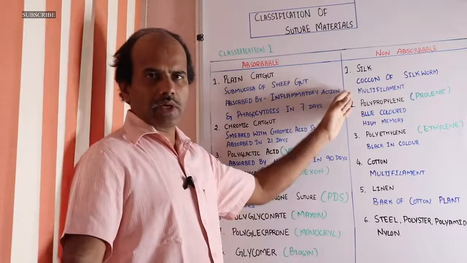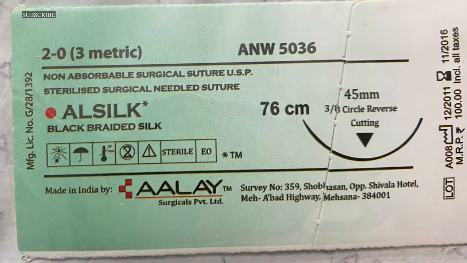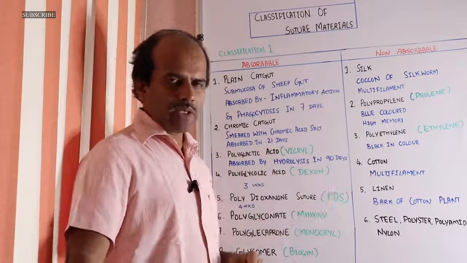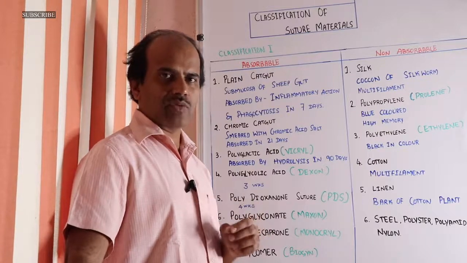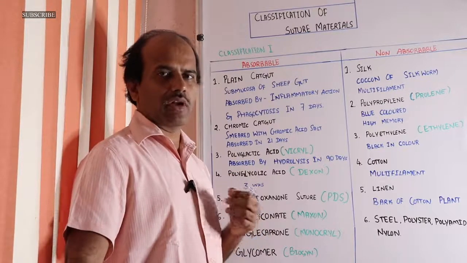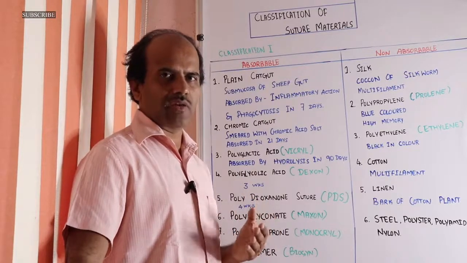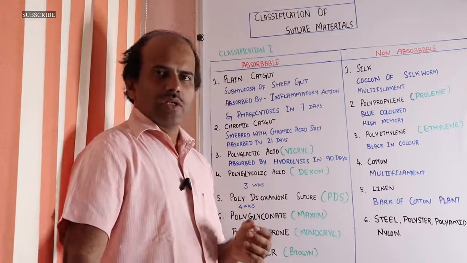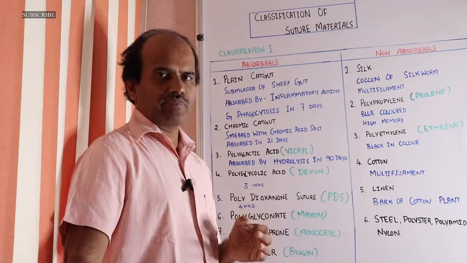Coming to the non-absorbable part, silk is made from the cocoons of the silkworm, and polypropylene is blue in color and has a high memory. The meaning of the word memory here is the ability to sustain its normal position for a longer duration. The higher the memory, the worse the quality of the suture material, because the higher the memory, the lesser the knot security.